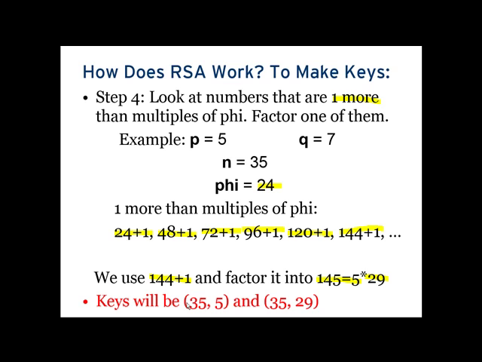So the important numbers that we have in our key are 35, which is the product of P and Q, and 5, which is one of our factors. 35 again is our product, and 29 is our other number that we get because it factors into 145, 5 times.